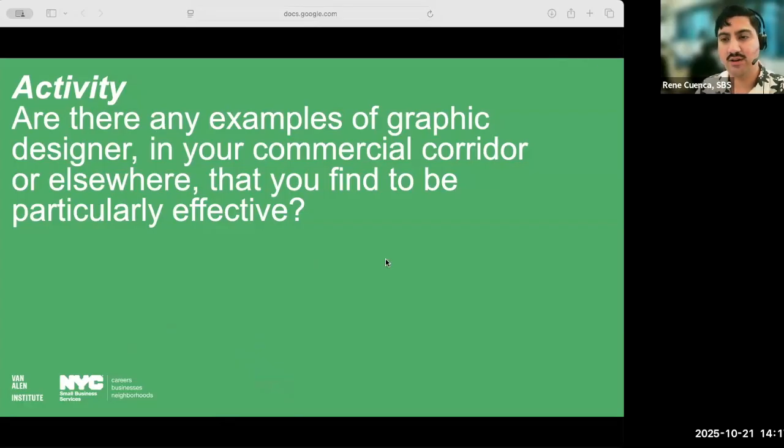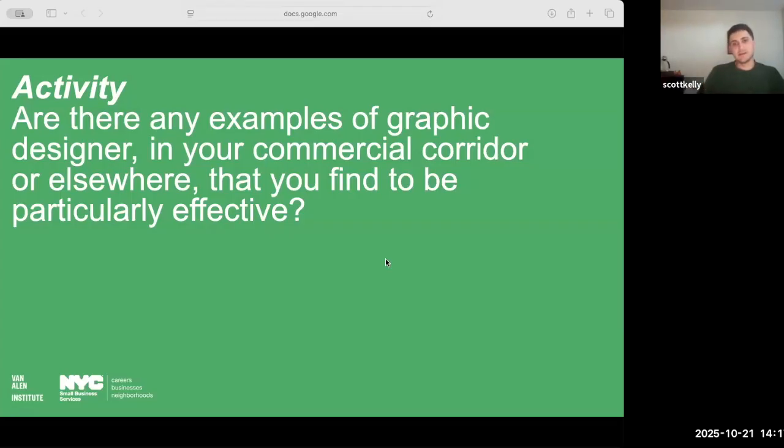Fair point on the storefronts looking the same and some of that standard design. Good point on thinking about how to make it different and unique. And to Harry's point, a lot of these businesses' images are emerging out of the same template, the same software, the same programs, and that generally fosters a high degree of homogenization.